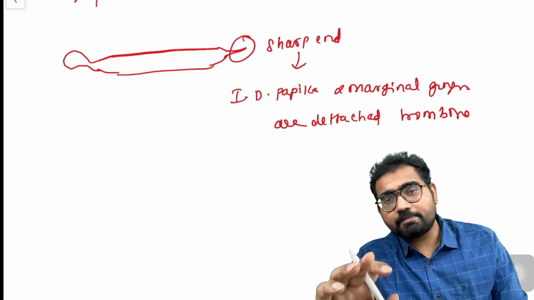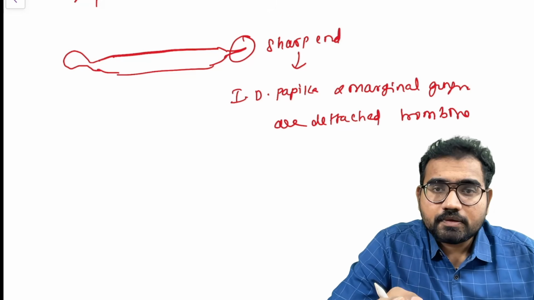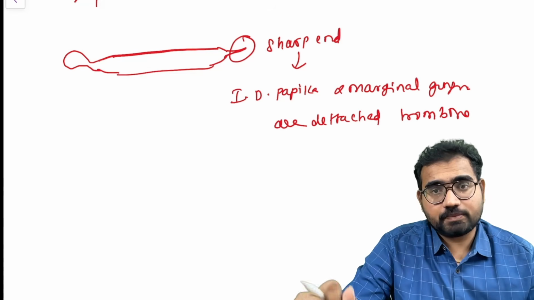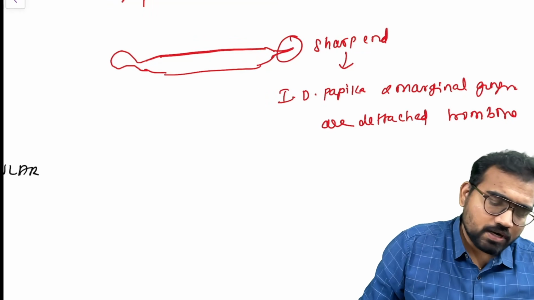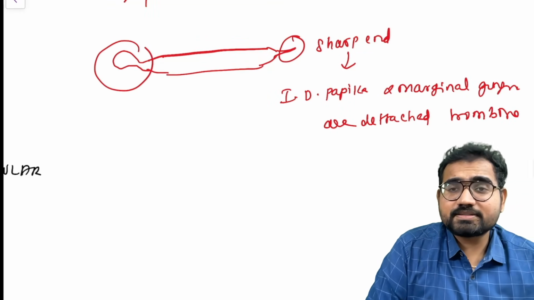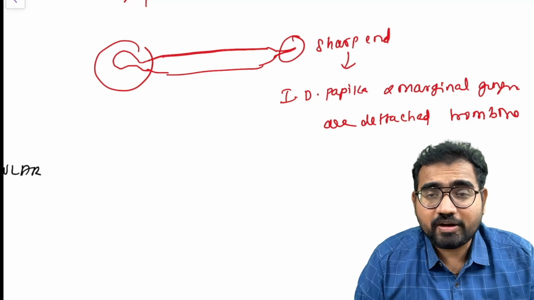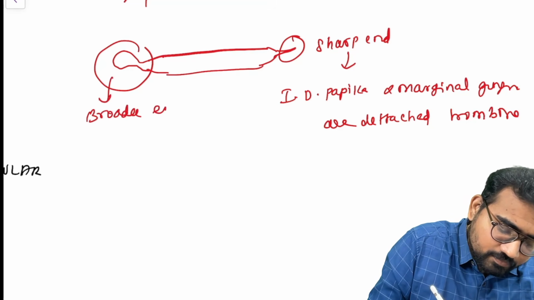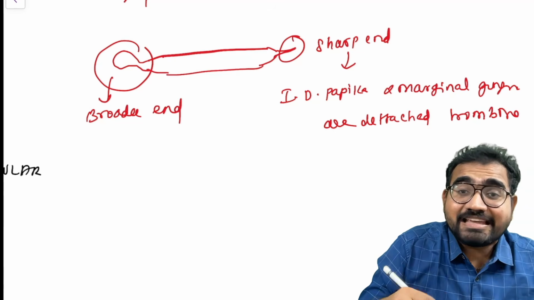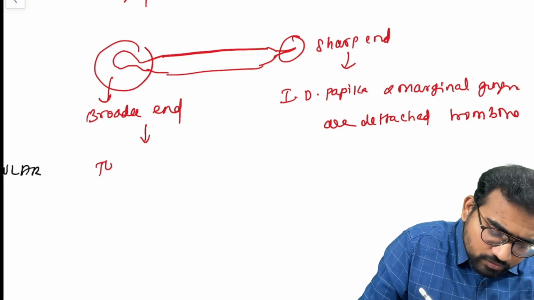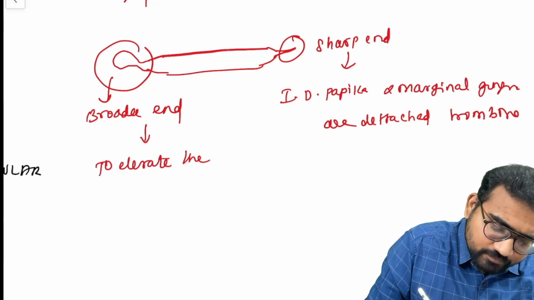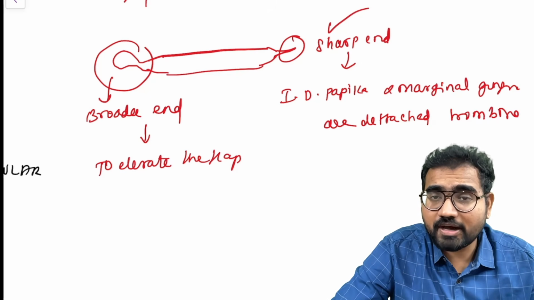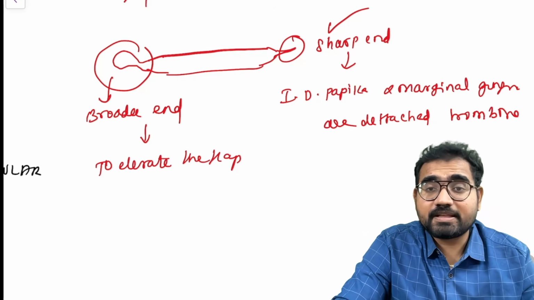Now after the marginal gingiva and the interdental papilla are detached from the bone, I should use the broader end to elevate the flap. So flap reflection is done by the smaller sharp end. Flap elevation is done by the broader end.